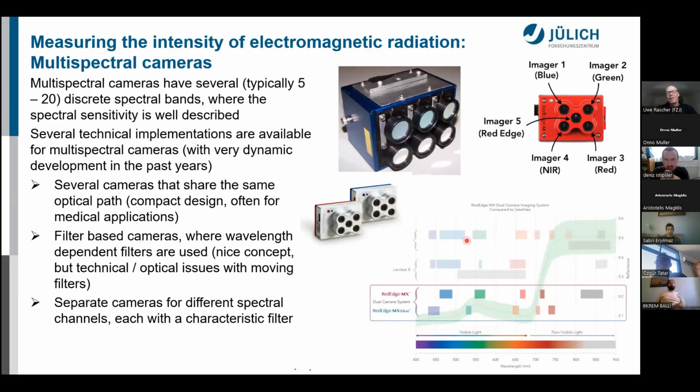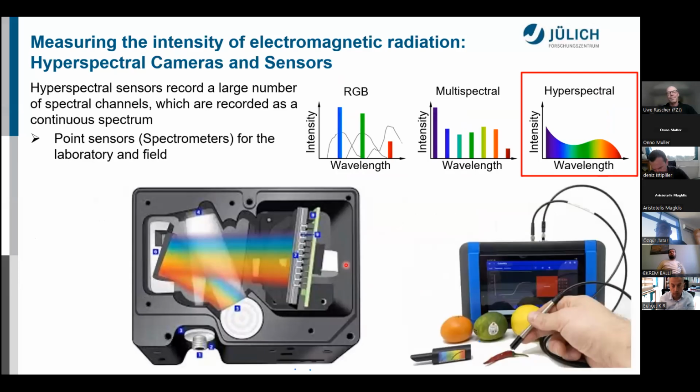If you look a little bit closer, the bands of this high-tech satellite pretty much overlap with the bands which we have in those cameras. So the development is pretty much in parallel. The satellite develops vegetation indices, and also with these cameras, the bands are designed in such a way that we can measure the relevant vegetation indices to be related to plant traits.